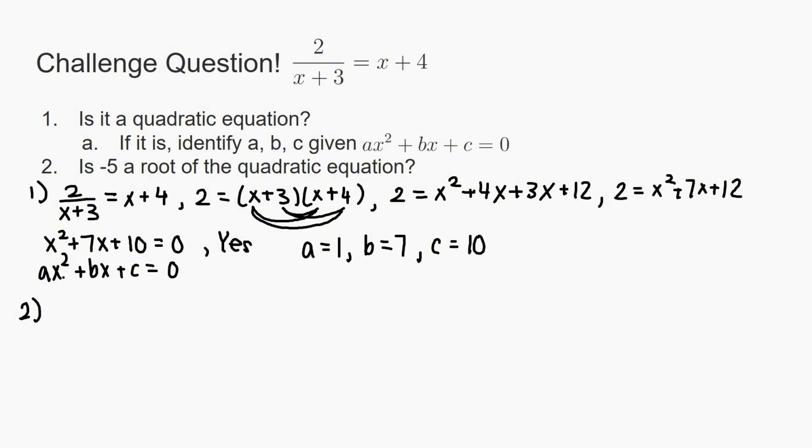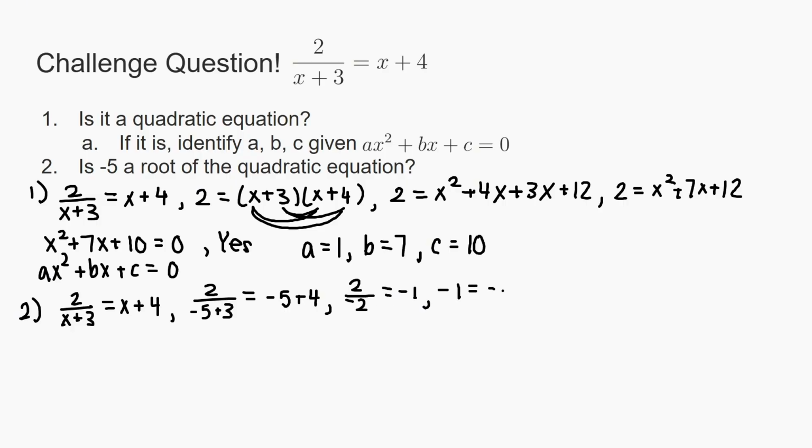For this one, we have 2 over x plus 3 equals x plus 4. Let's plug in -5. We get 2 over -5 plus 3 equals -5 plus 4. This gives us 2 over -2 equals -1, which is -1 equals -1. So we know that -5 is a root because this is true.